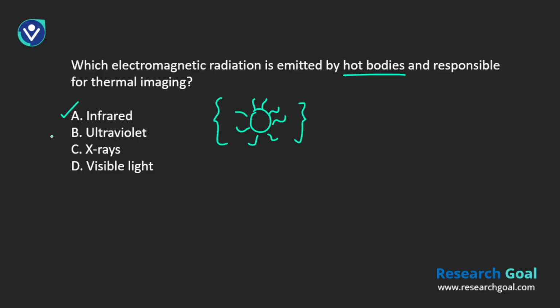So infrared is very important to understand. Hot bodies emit IR radiation, and those can be imaged using a thermal imaging system. All others in this case are not applicable, so they are incorrect.